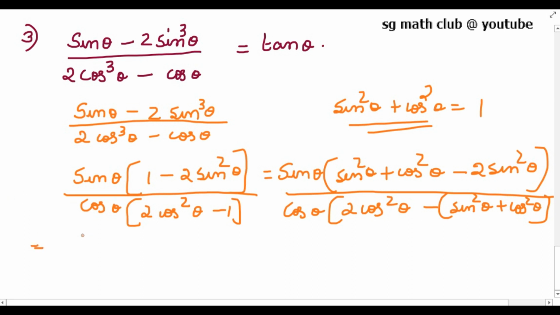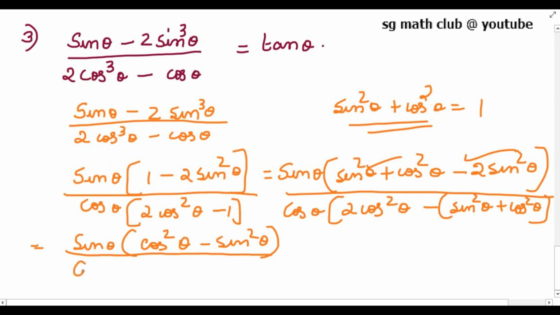So which is equal to sin theta into (sin square theta minus 2 sin square theta is minus sin square theta) so I can write cos square theta minus sin square theta, divided by cos theta into 2 cos square theta.